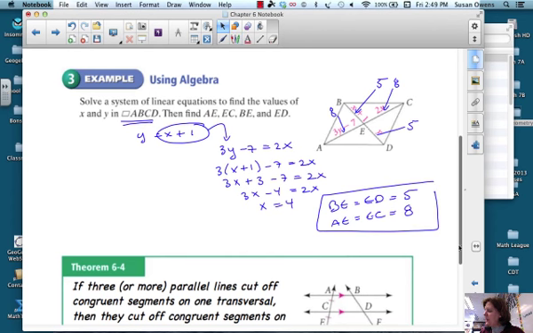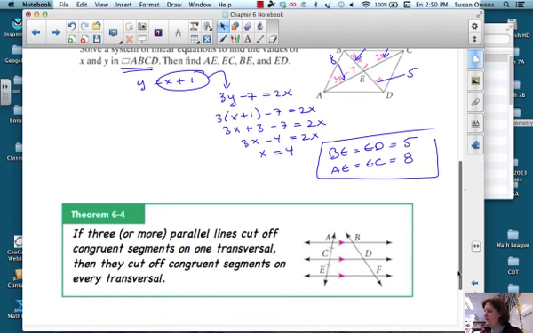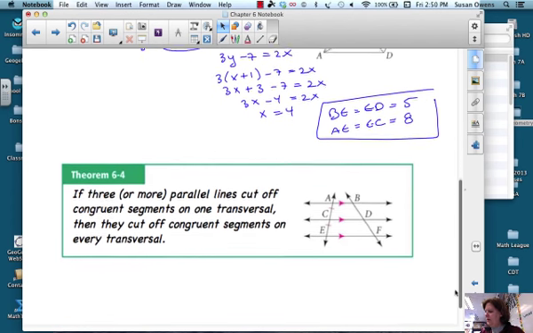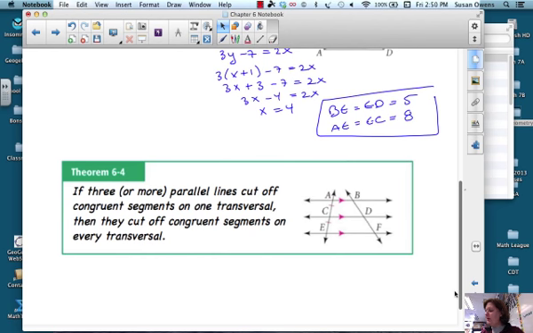The next one kind of doesn't go with the other ones, at least for a parallelogram, but this one says if 3 or more parallel lines cut off congruent segments on one transversal, then they cut off congruent segments on every transversal. So if we have more than 2 parallel lines, so 3 or more, and then we have a transversal, and it has to cut congruent parts. So notice what I'm given. I'm given that AC is congruent to CE.